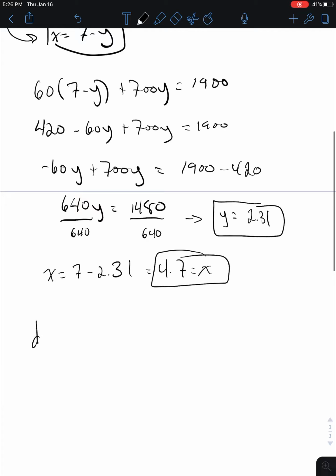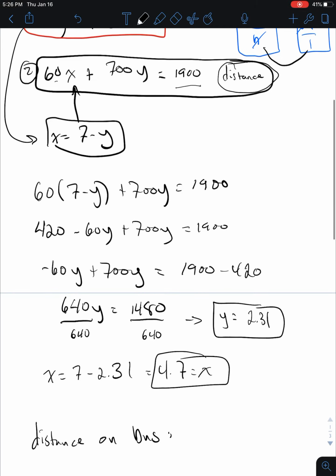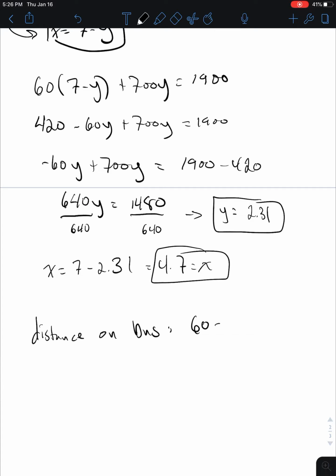So we could say distance on bus is going to be 60 times x, which is going to equal 60 times 4.7. It worked out to a nice number. Maybe that's the ultimate goal.